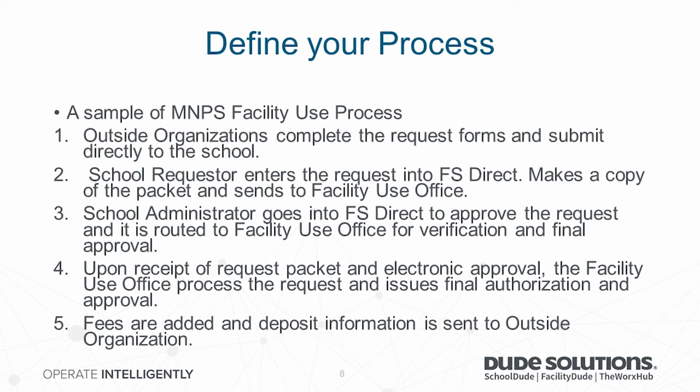And once it's routed to our office, again, we go through the verification process, and that's checking to make sure that the insurance is valid, make sure they don't have an outstanding bill, or that they didn't use someone else's information. Our district only rents to nonprofit organizations, so that's another step in there.